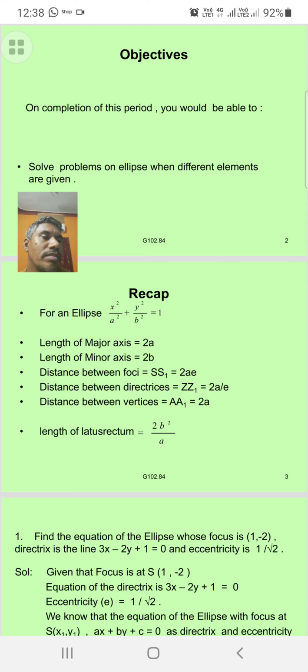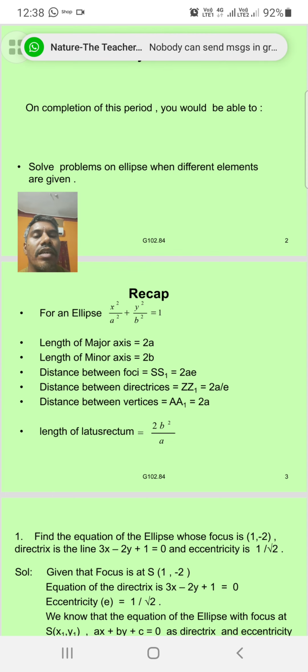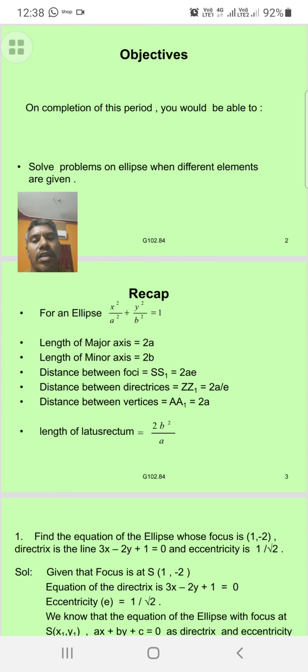In this situation, we have to think and build a relation between the given elements, formed in terms of either only a or only b. If we form an equation in a single term and solve, we will get the a value or b value, and then it is easy to bring the equation of the ellipse.